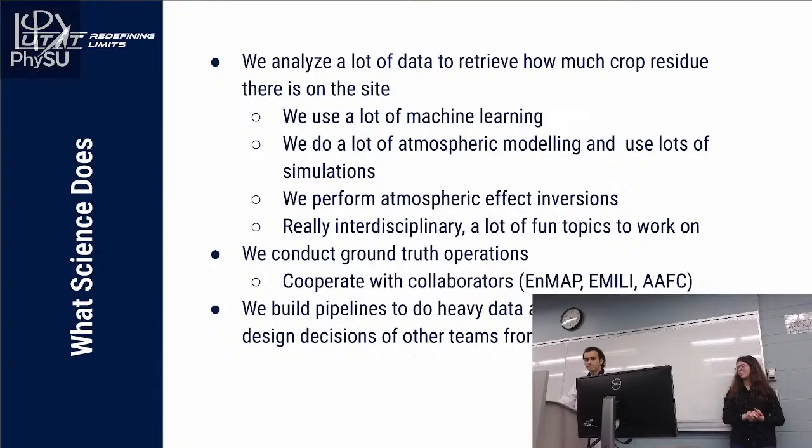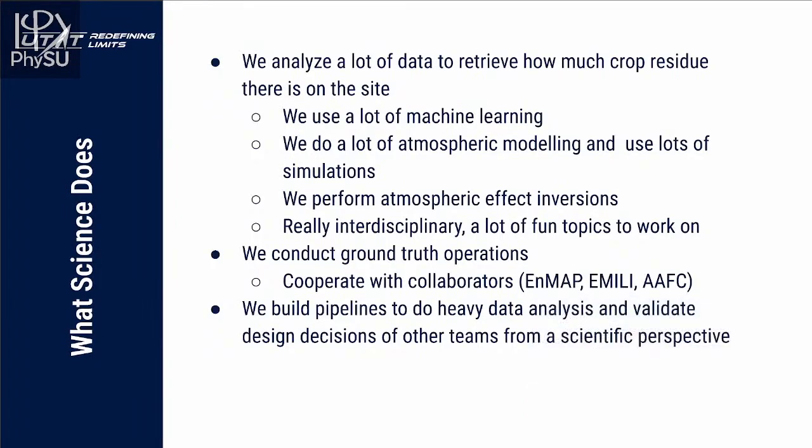We analyze quite a lot of data to retrieve how much crop residue is left on the field. In the field of remote sensing, crop residues or dead plants are referred to as NPV, and we will be using that acronym throughout the slideshow, non-photosynthetic vegetation. We use machine learning to implement and design various models.